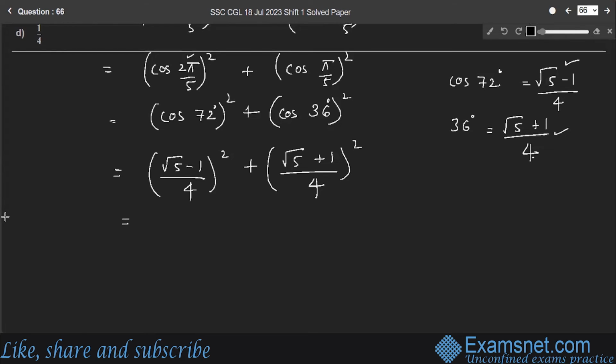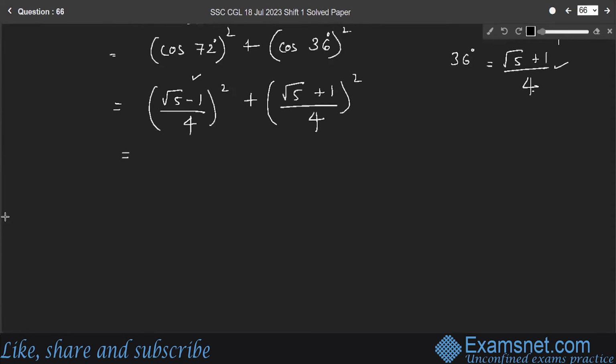So the numerator is in the form of a minus b whole square, which is a square, which is 5, plus b square 1, minus 2ab, 2 root 5, by 4 square is 16. Plus here the second part, in the second part numerator is a plus b whole square. So a square plus b square plus 2ab, plus 2 root 5 by 16.